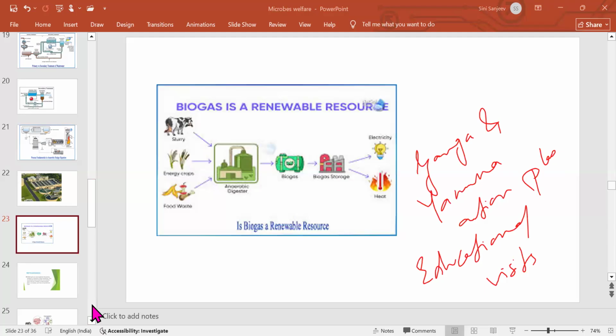Ganga and Yamuna action plans means whatever water has been released into these two bodies has been treated so that the river pollution will be reduced. And educational visit means a trip to the sewage treatment plant. That will be useful to know how it actually works. Okay, these are all the government initiatives which are being done.